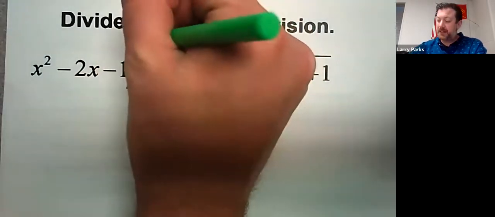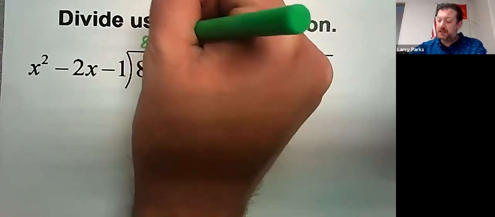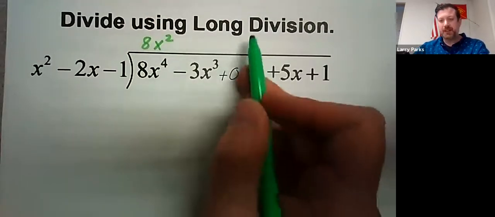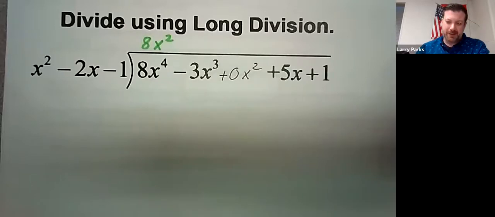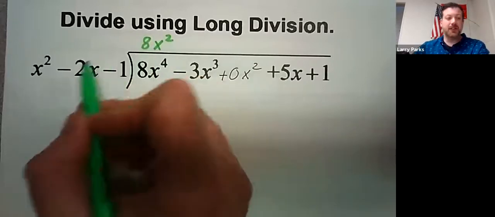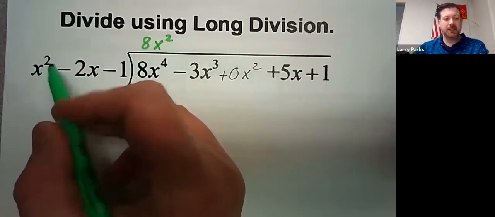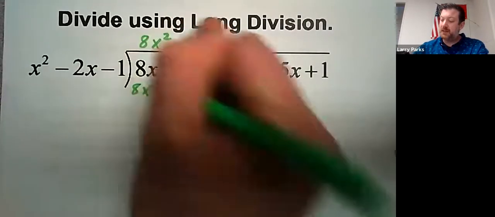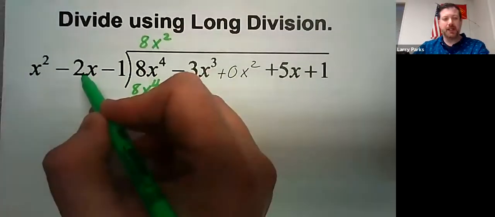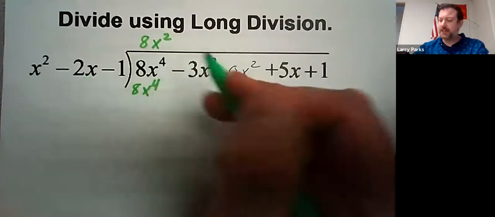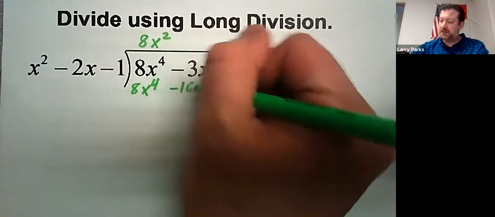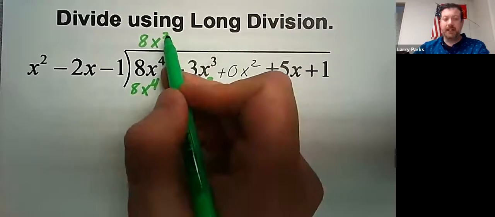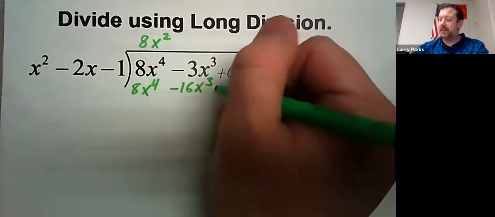That'd be 8x squared. 8x squared times x squared is 8x to the 4th. 8x squared times minus 2x is negative 16x cubed. And 8x squared times negative 1 is negative 8x squared.